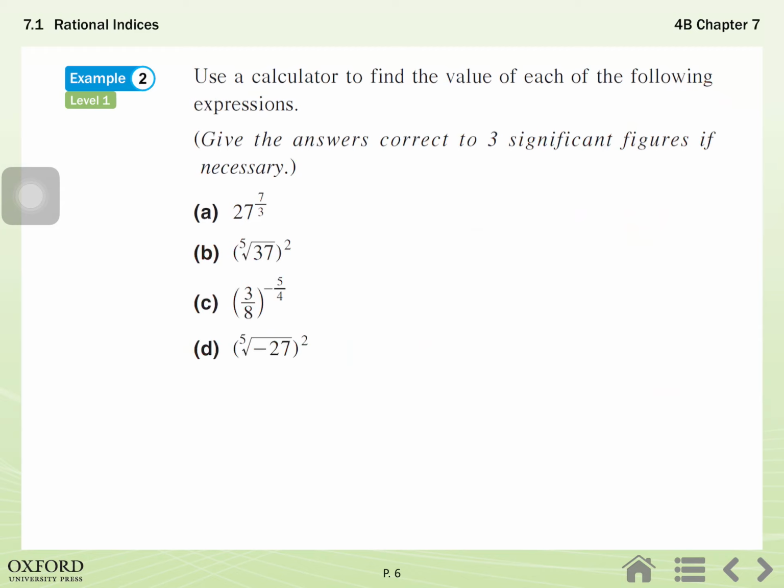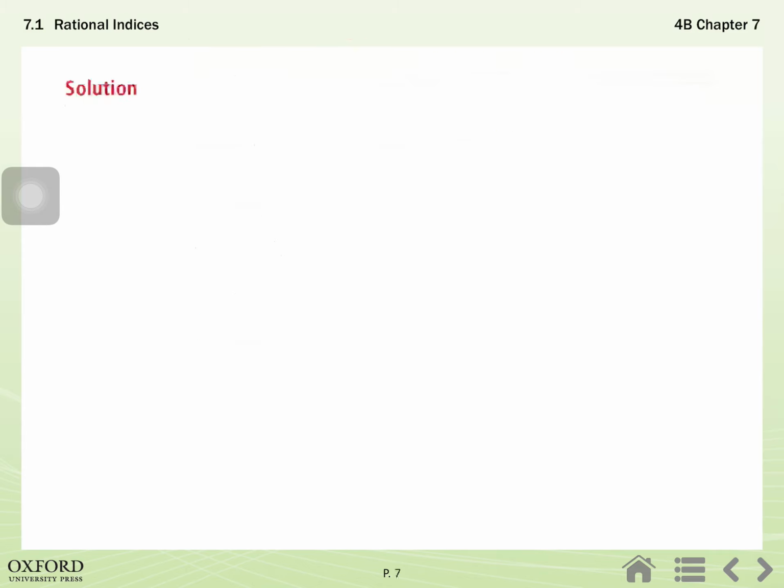Next, example 2. Now you use a calculator. You are allowed to use a calculator, then you can just put it in the calculator. But I would like to show you the steps in using the calculator in case you don't know how to do it.